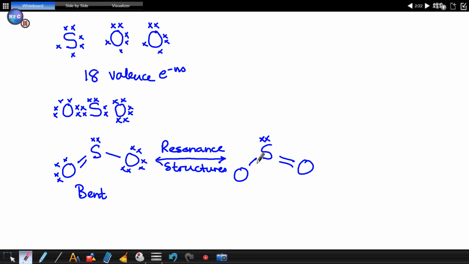If you go and read in your textbook, pages 18 and 19 show you resonance structures. It's just the position of the double bonds jumping from one set of atoms to another set of atoms. But they can't both be double bonds at the same time.